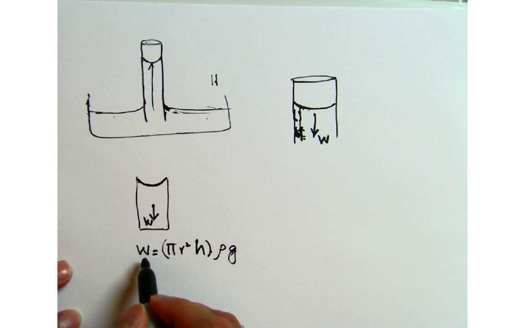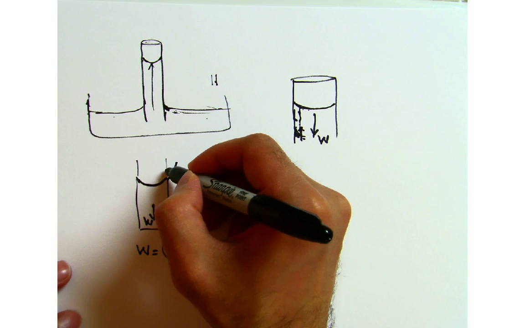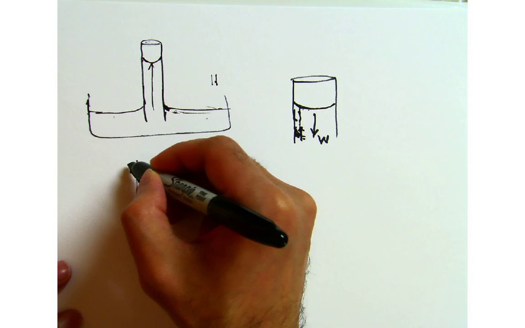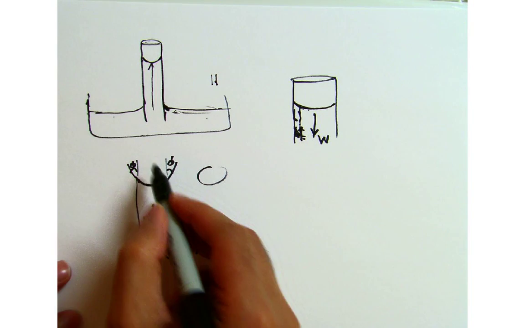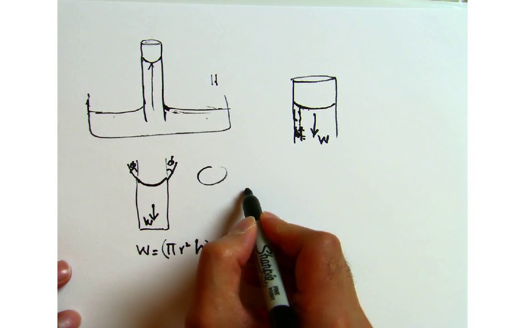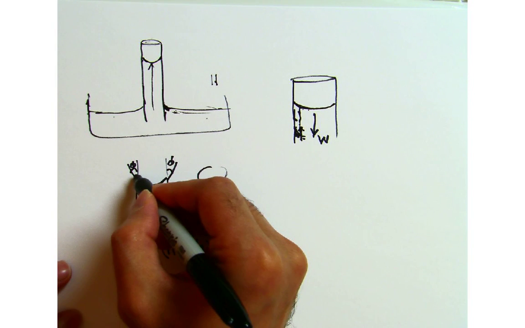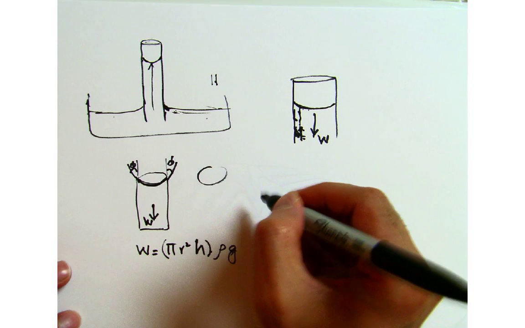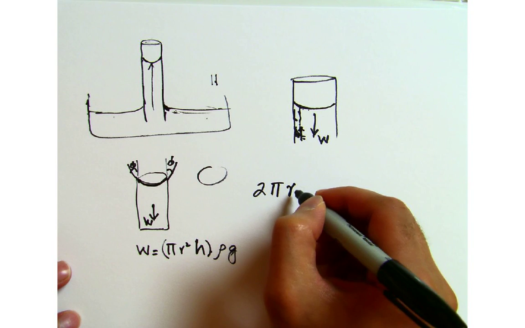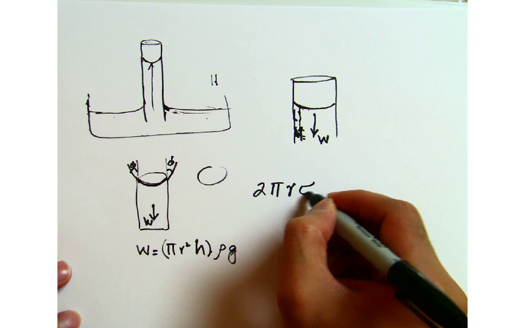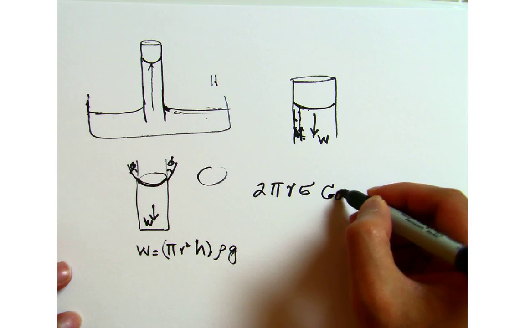Then from the surface over here, we have the contact angle, and this is a circular shape, so the surface tension force acts all across the circumference. The surface tension force is 2 pi r sigma cosine of phi.